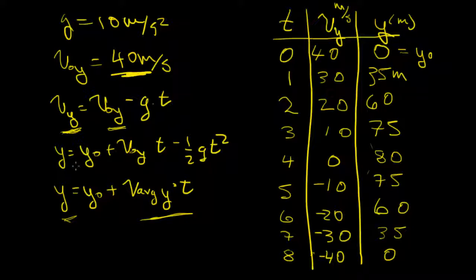We could also have used the middle equation to calculate the object's position, and if we do that at any particular time, we could say we did it at 4 seconds. Its initial position is 0.